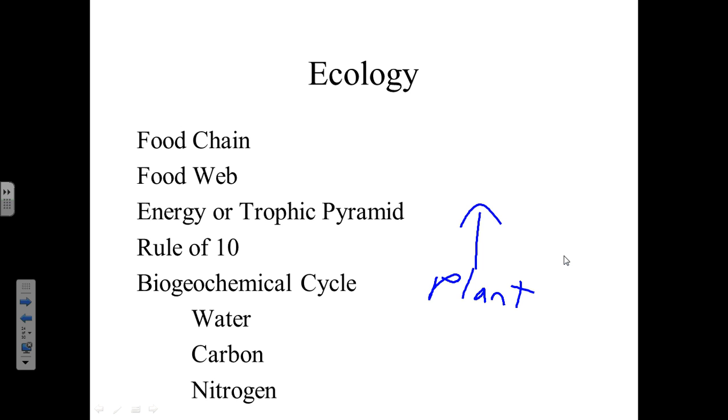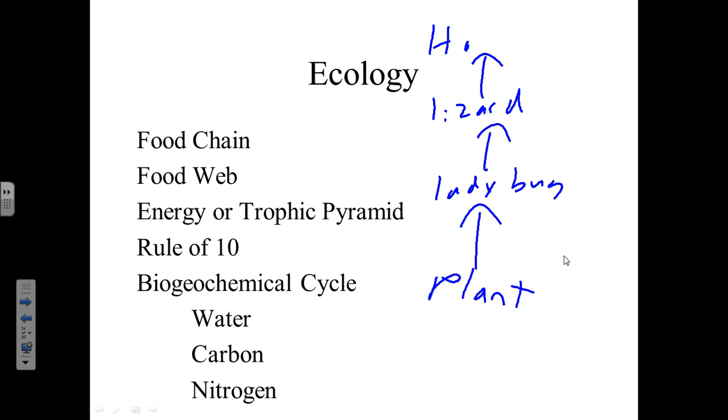The arrow typically points to the thing that's eating the other thing. So we got a plant. Maybe that plant is eaten by a ladybug. Ladybugs don't eat plants. All right, and then maybe that ladybug, let's say, is eaten by a lizard. And then let's say that lizard is eaten by a hawk.